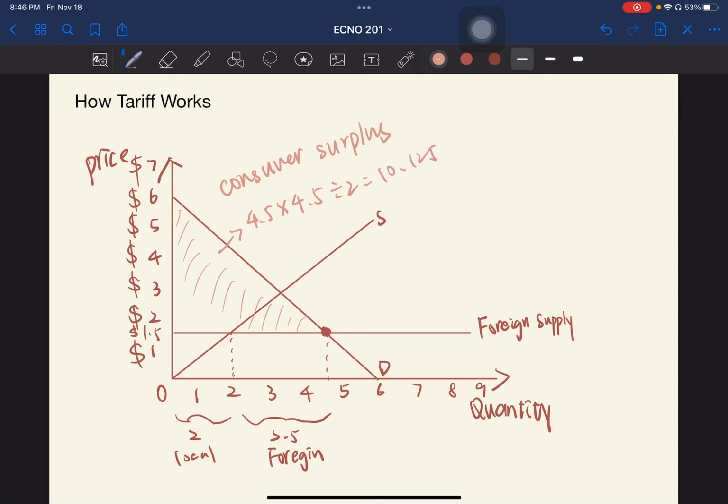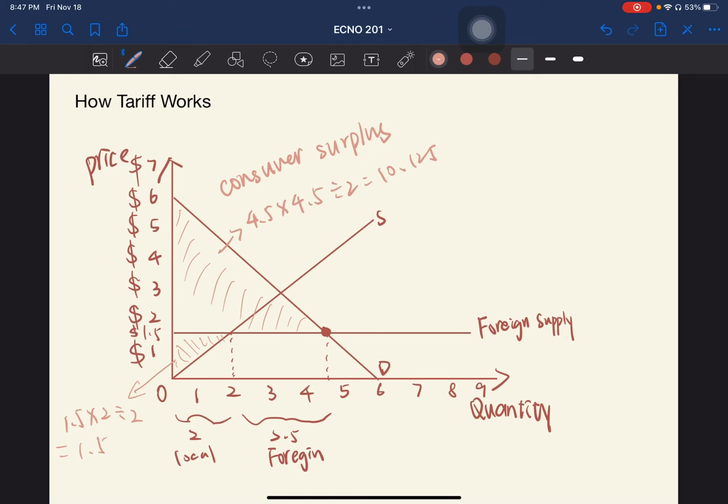And then the producer surplus will be below the price and above the supply curve, and this will be the producer surplus, and this part will be 1.5 multiplied by 2 and divided by 2, which is 1.5.